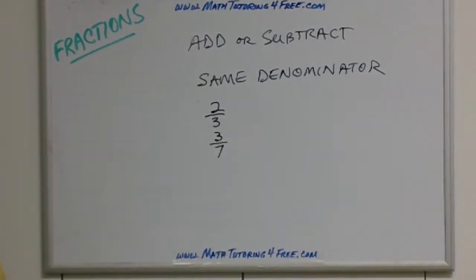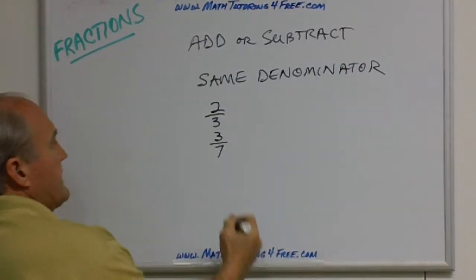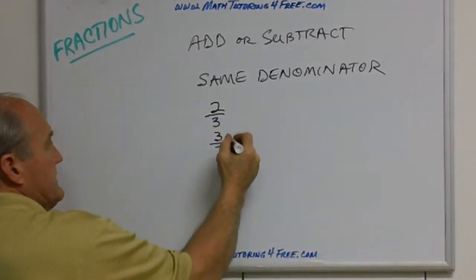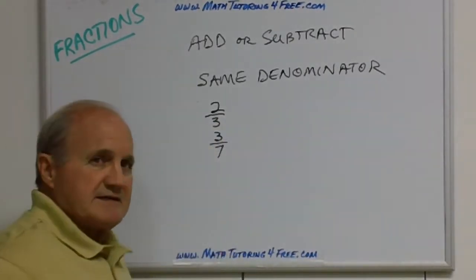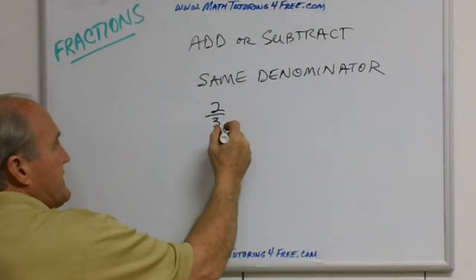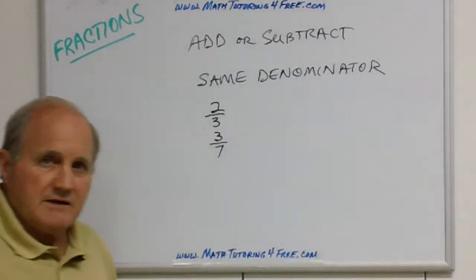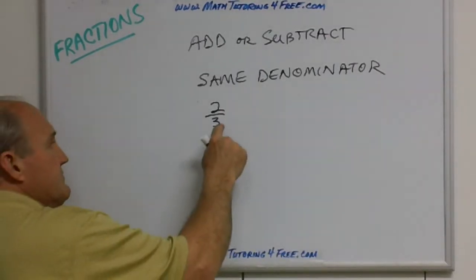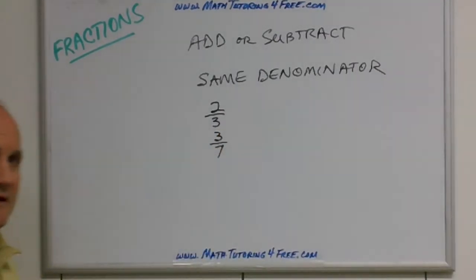Again, what's the common denominator of 3 and 7? If I double 3, I get 6. That's not going to work with the 7. 3 times 3 is 9. That's not going to work. We could keep going that way. The one thing that always works is multiplying the two together.